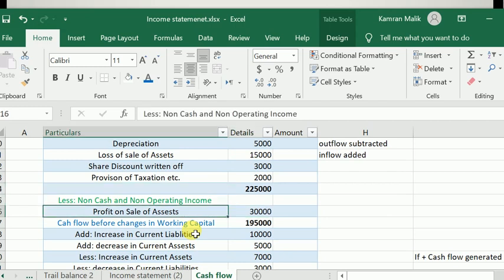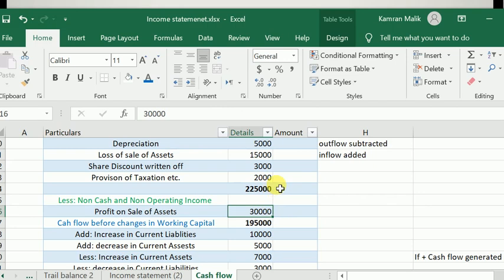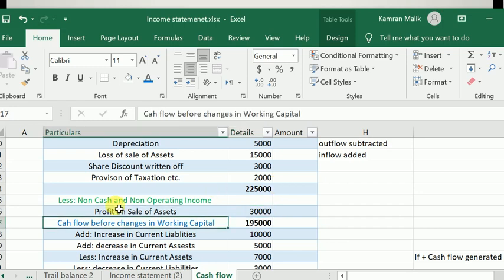We subtract that from the above amount. So we see the profit on sale of assets. Did I write it the wrong way? Yes, a profit on sale of assets. We see that 30,000 is the profit we have while we sold assets, right? So that is the inflow that is coming to us, and then we have cash flow before changes in working capital, right? Cash flow before changes in working capital.